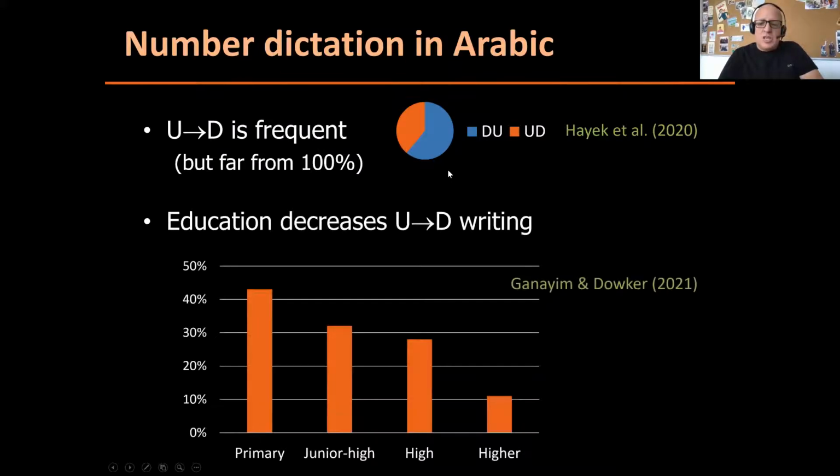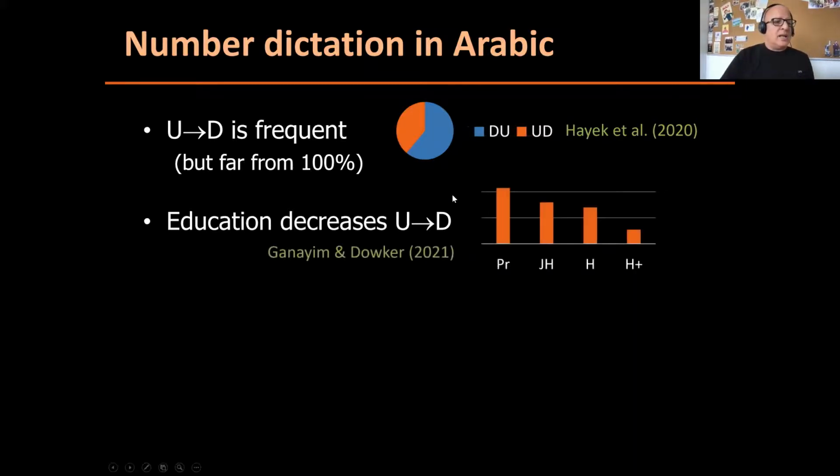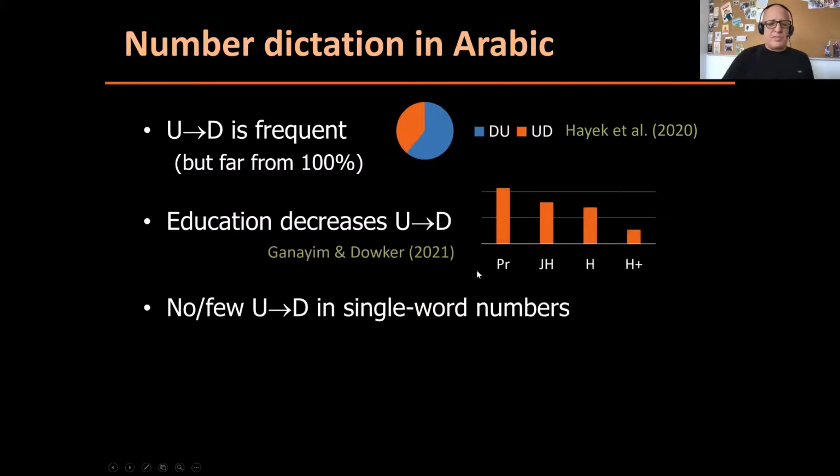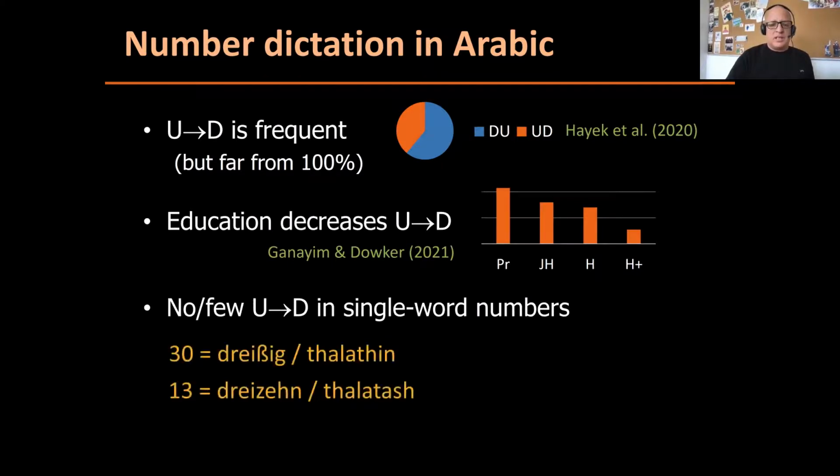It's also affected by education. The higher the education, the higher the chance to write from left to right. That is to invert the digits relative to what you hear. And it also depends on the specific type of the number. So numbers that have single words, like whole decades, which is 30 in Arabic, or teen numbers, which are 13.